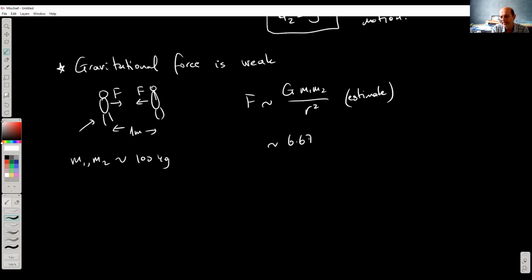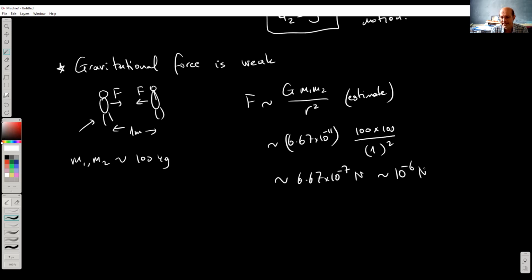Since Newton's constant is very small, even though the masses are large and the distance between them is 1 meter squared, what we get is like 6.67 times 10 to the minus 7 newtons. So that's going to be about 10 to the minus 6 newtons. What's 10 to the minus 6? It's like 1 micronewton. So this is too tiny, right?